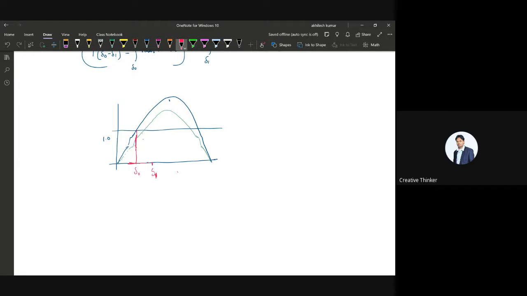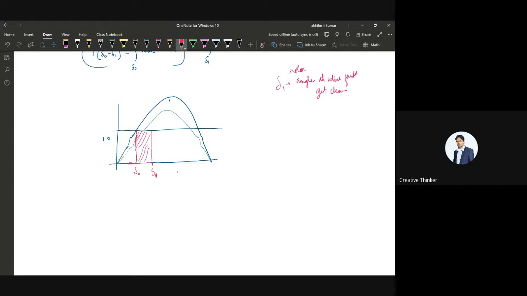Let delta one be the rotor angle at which the fault gets cleared. At delta one, the machine accelerates by this area.